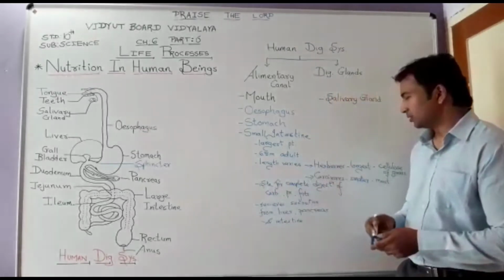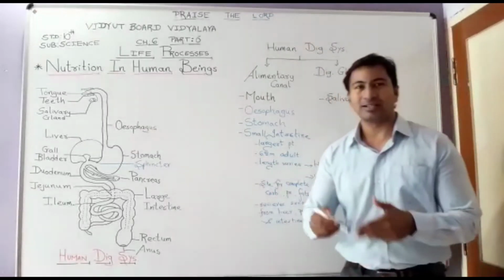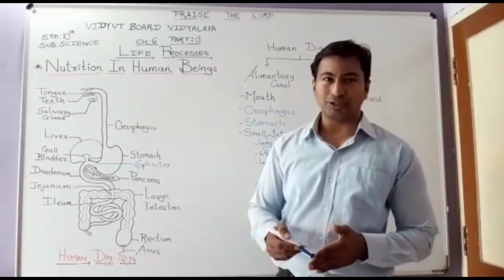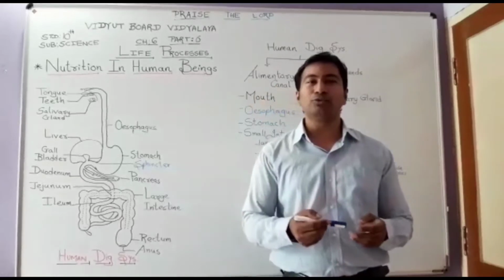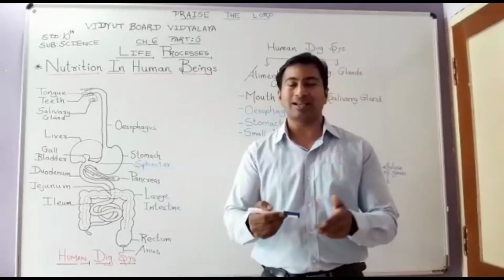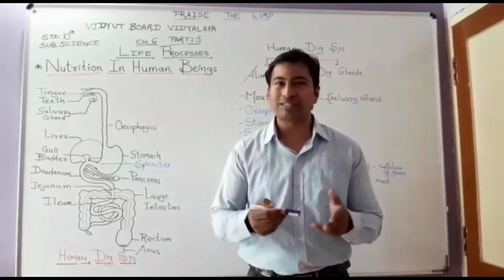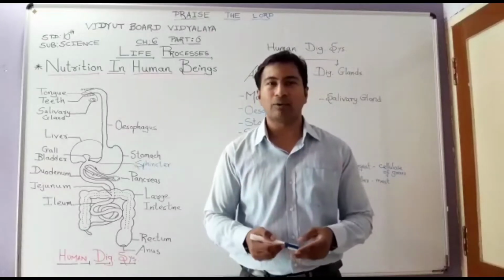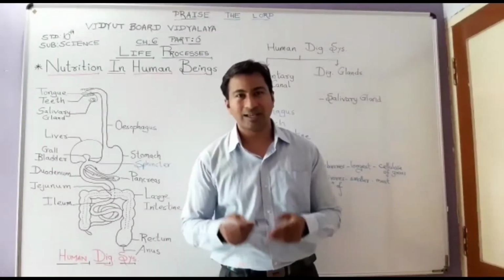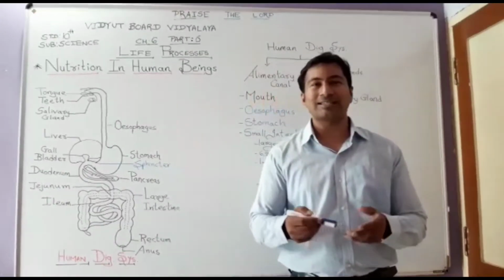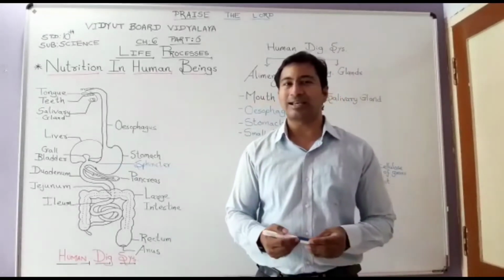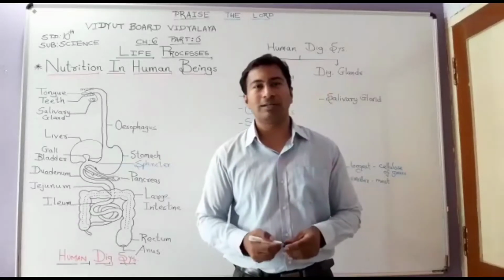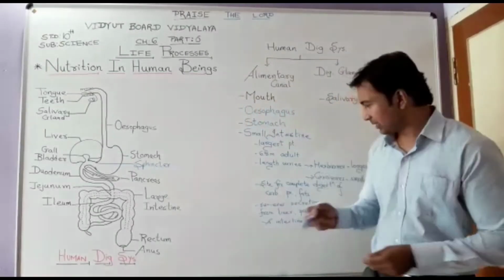In herbivores, it is a bit longer than in carnivores, because herbivores have to eat grasses, and the grasses have cellulose, which takes a longer time for digestion. While in carnivores, as they are flesh eating, the small intestine is mainly small in nature.